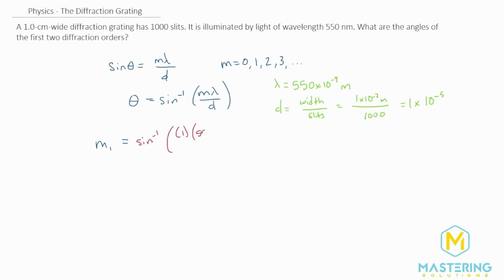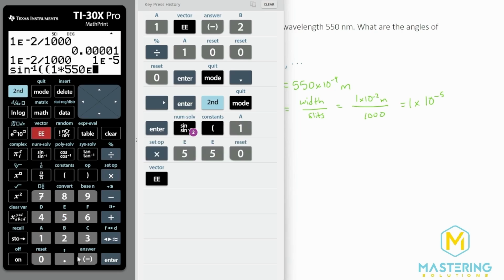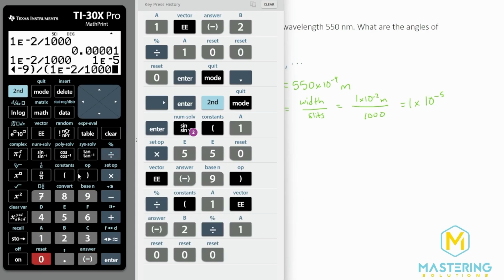Lambda is 550 times 10 to the negative 9 meters, and that's divided by 1 times 10 to the negative 2 meters over 1,000. And as we just talked about, you can just plug that straight in if you want, either way. And so we have inverse sine of 1 times 550 times 10 to the negative 9, and then that's divided by 1 times 10 to the negative 2 divided by 1,000.